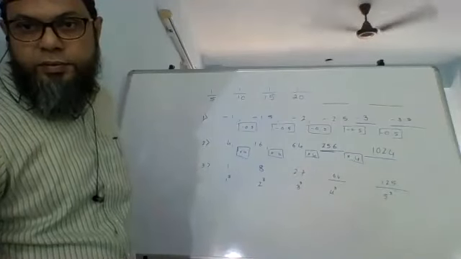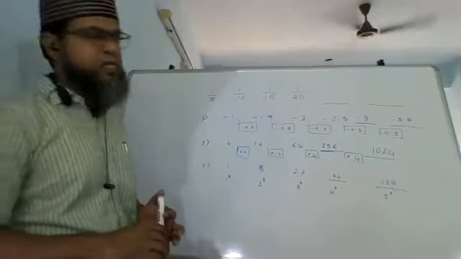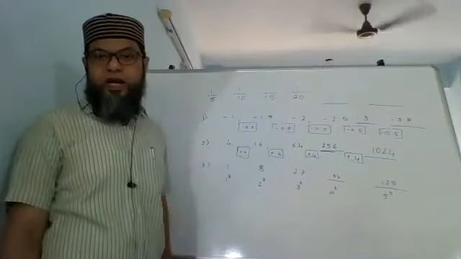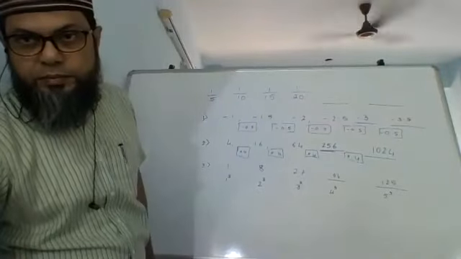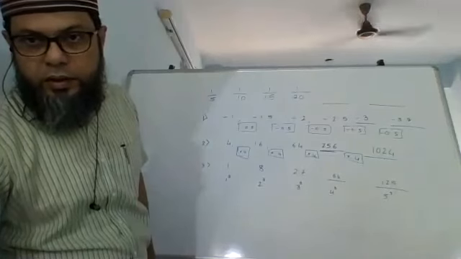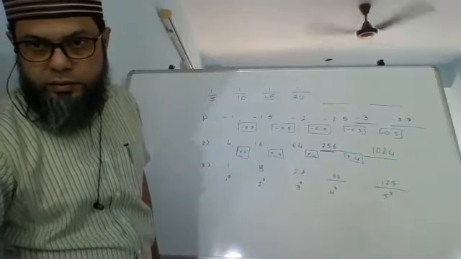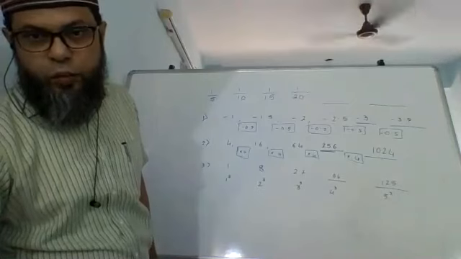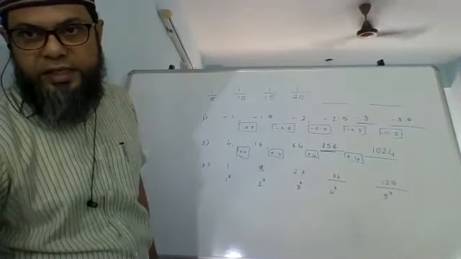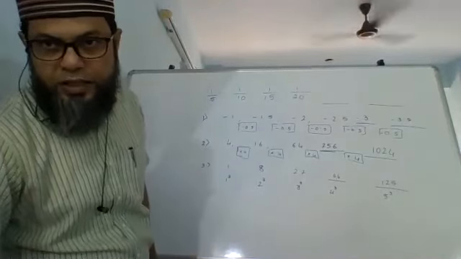What is the logic in this? Zishan has answered 1 upon 25 and 1 upon 30. Yes, 1 upon 25 and 1 upon 30 is the right answer. Now, how does that happen?